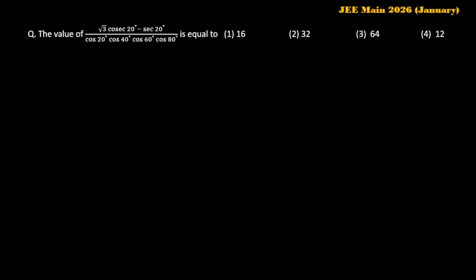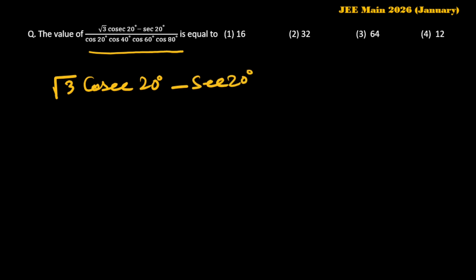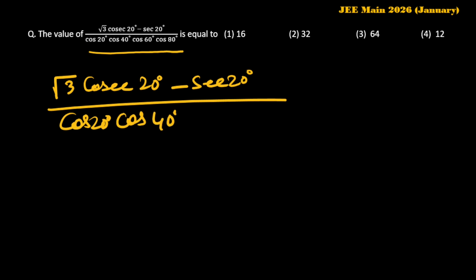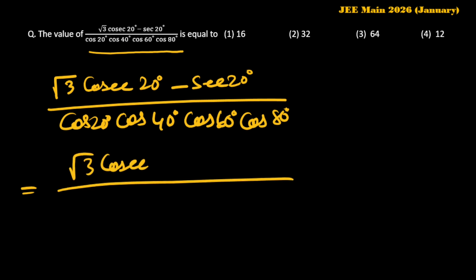The question asks for the value of this expression. First we write this expression clearly: root 3 cosec 20 degree minus sec 20 degree, over cos 20 cos 40 cos 60 cos 80 degree. If you carefully observe the denominator, one beautiful pattern is followed, as in the numerator root 3 cosec 20 minus sec 20.